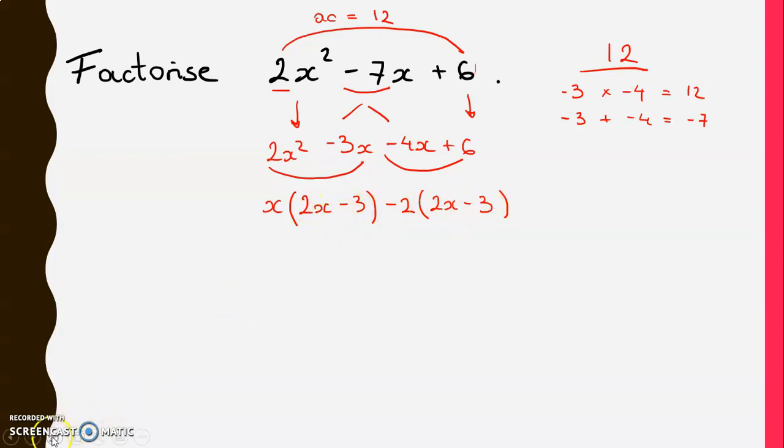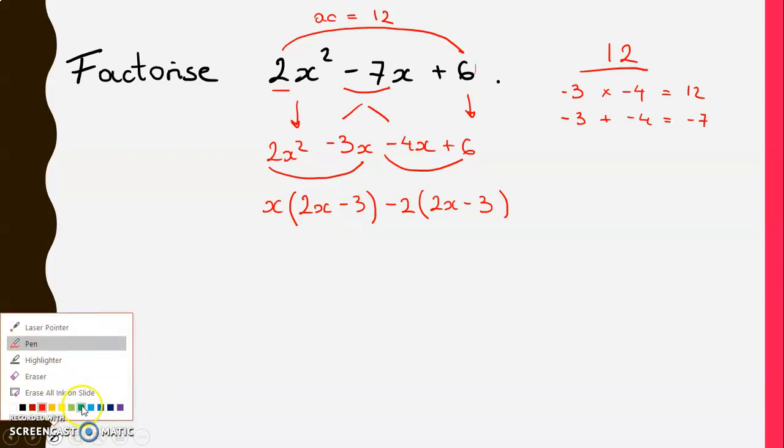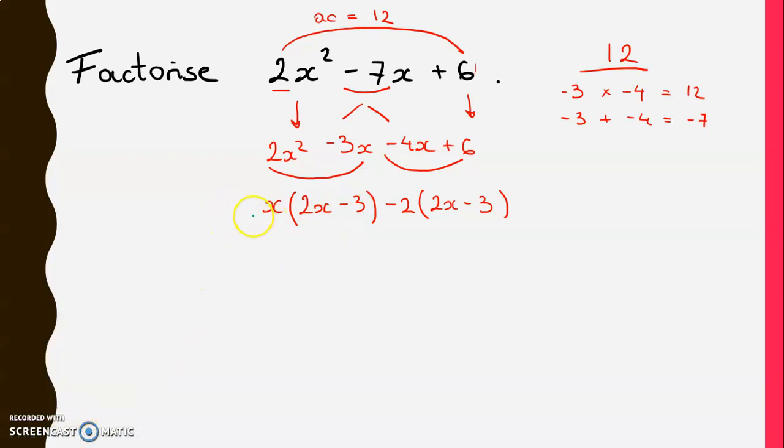Why is this great? Let's change the color to make this more obvious. This is one term and this here is another term. What can you observe about these two terms? They both have in common 2x minus 3.